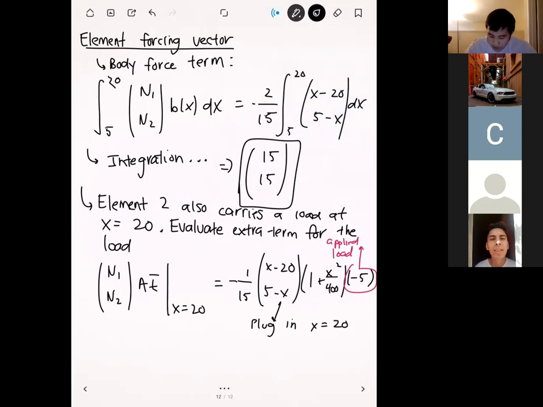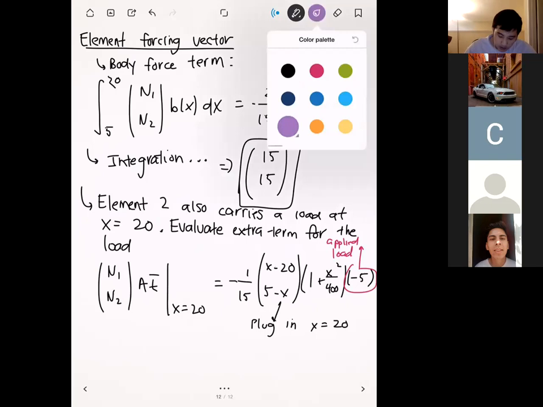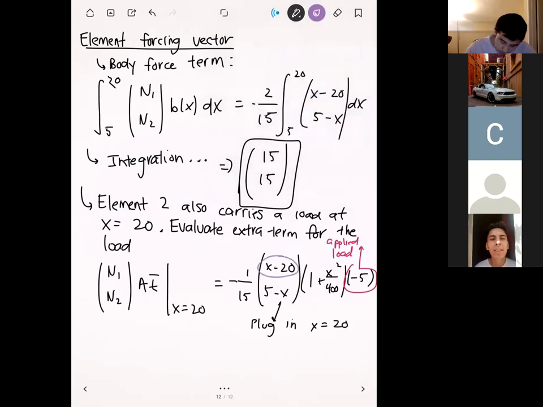All right. And so everywhere that we see x here, we're going to plug in 20. And so what that will do is that on top here, we're going to have 20 minus 20. And so this is going to be 0 up here. Okay. On the bottom here, we're going to have a minus 15. And so you can see that's going to cancel out with the minus 15 out in front right there. Okay. And if we plug in 20 right here, you can see what we get is 2. Okay.